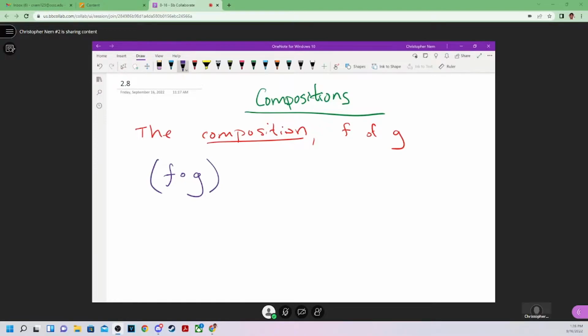This is a notation. We're naming this new function this symbol right here. And the input x, we're going to define that function as f of g of x.